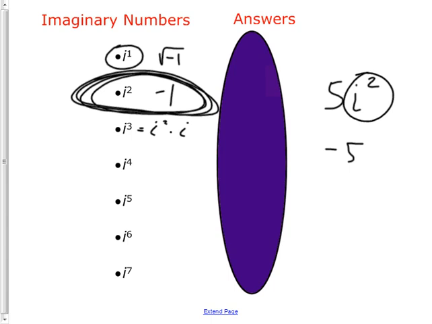And what's i squared? Negative 1. So what's the answer? Negative 1 times i, which is negative i. So i cubed is equal to negative i.